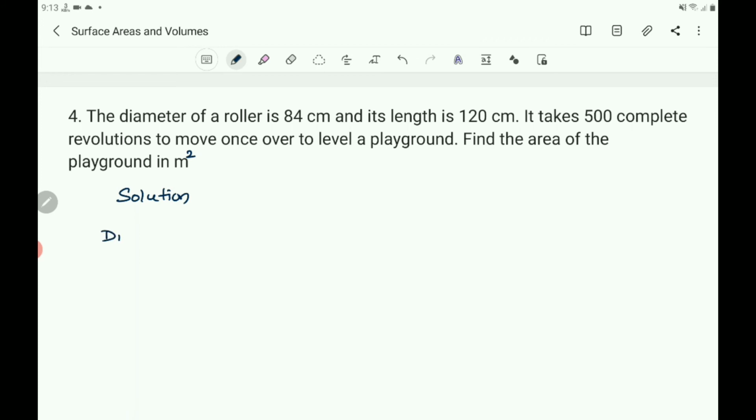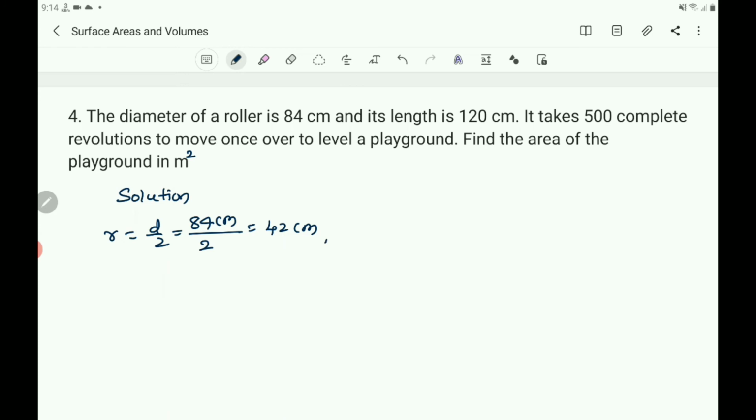Diameter of a roller is given, or otherwise directly you can write R equals D by 2, that is 84 centimeter by 2, that equals 42 centimeter.